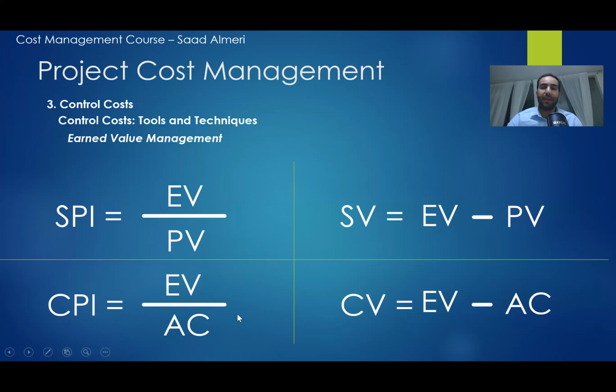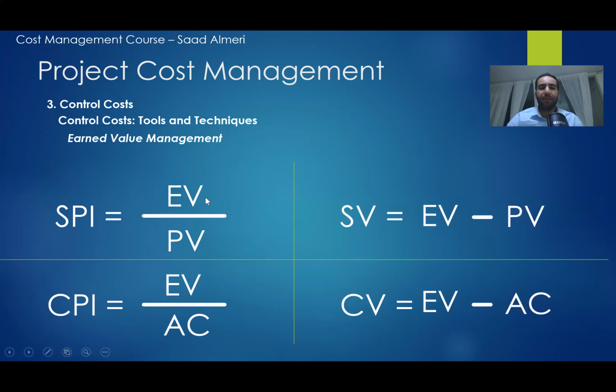I'm not saying that I spent less money compared to the schedule. No, this is the CPI, so I'm talking only about comparing the earned value, the things that I got value for, to the actual cost. There is an example, and later on it will explain more, so it's not a big problem.